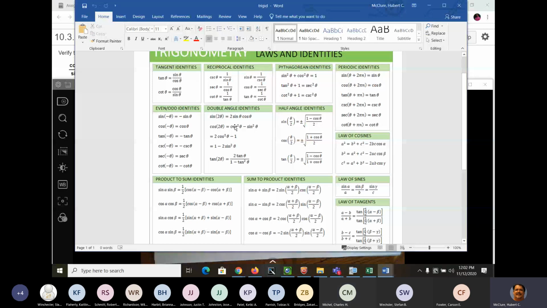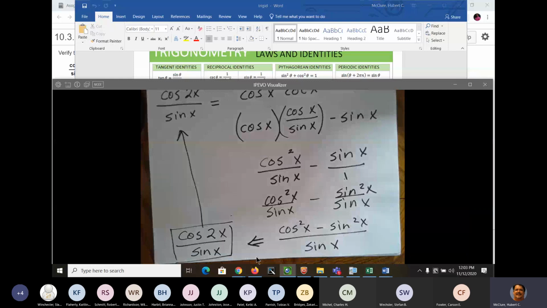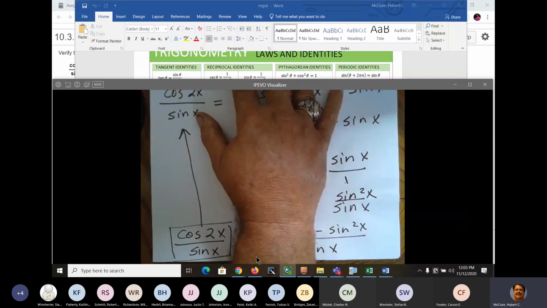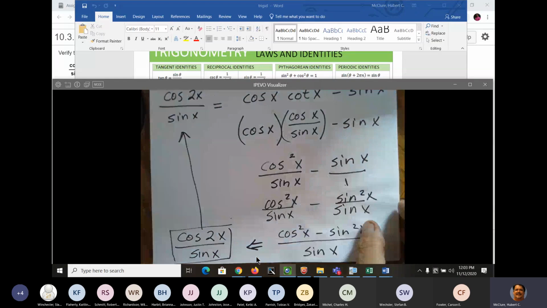Double angle, cosine of 2 theta. So therefore, we got the cosine of 2 theta over the sine of x, and that verifies what we got right there. That's why I like these, because they're very short, sweet, to the point.